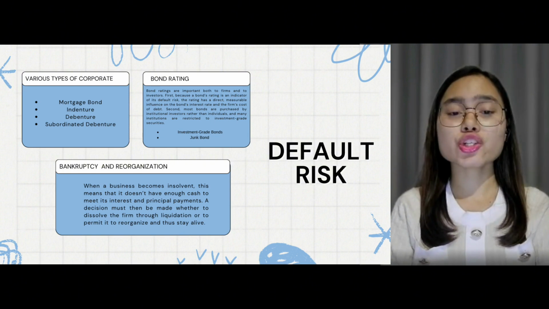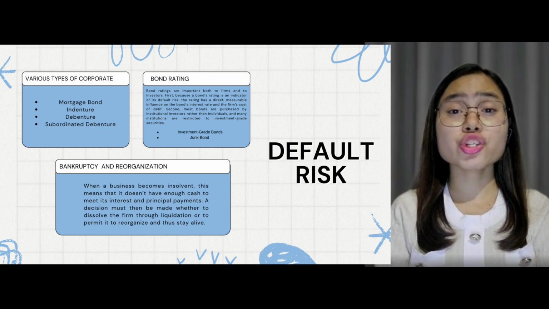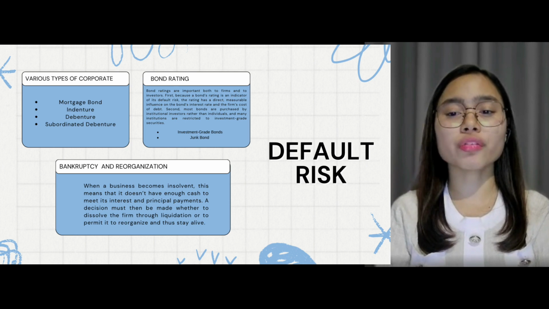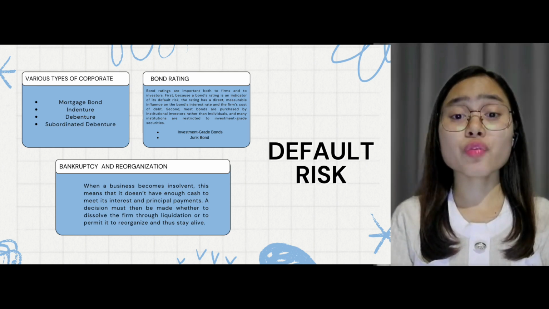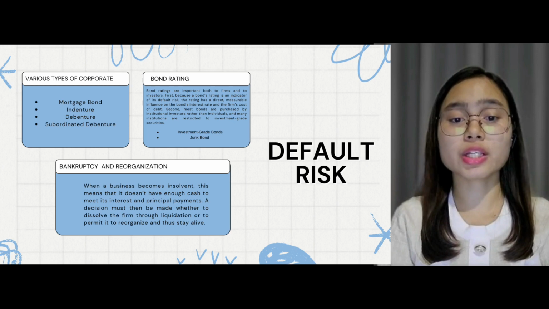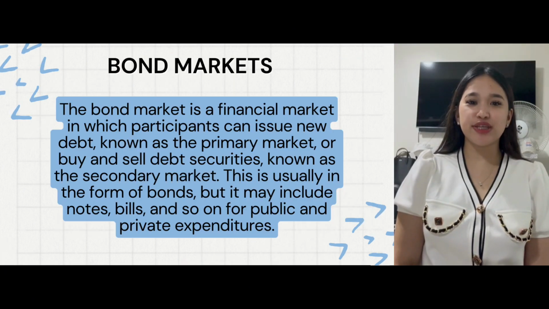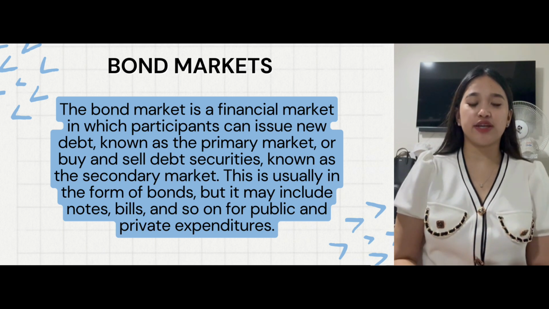The reorganization plan may call for restructuring the debt, in which case the interest may be reduced, the term to maturity lengthened, or some of the debt may be exchanged for equity. The point of the restructuring is to reduce the financial charges to a level that is supportable by the firm's cash flows. So, for the last slide, we have the bond markets.